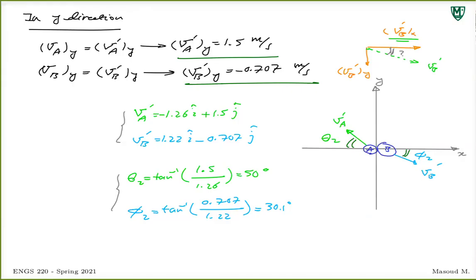I have one example. It's not for oblique impact. It's actually for direct central impact, but it's a combination of direct central impact and energy methods. I think it's good to go over that and practice getting a sense of mixing these two together.